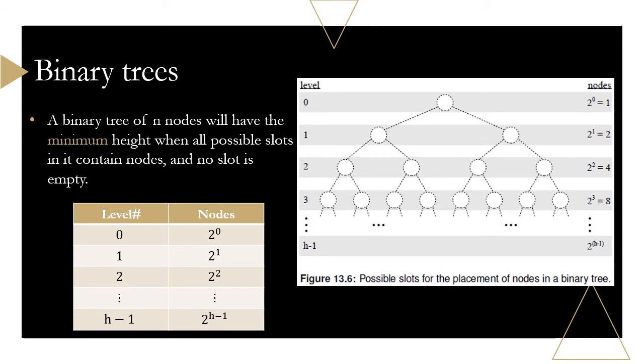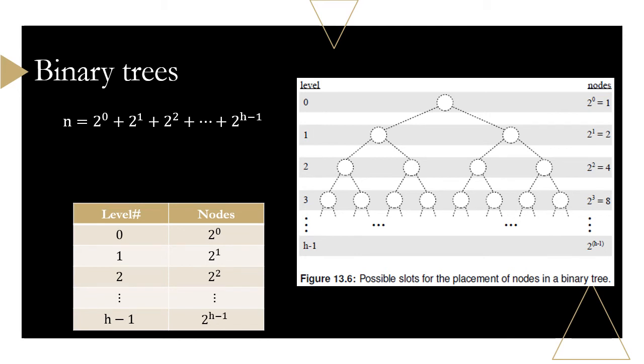So if the tree has a height h, then the last level will be h minus 1 and it will be able to accommodate 2 to the power h minus 1 nodes. I hope that you follow me so far.